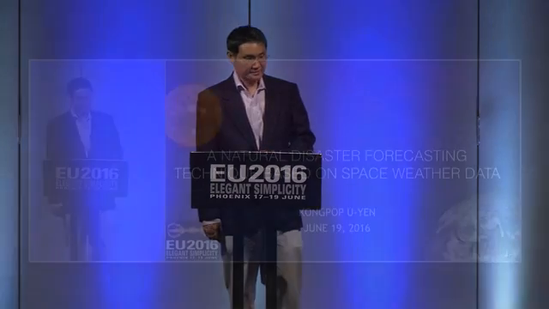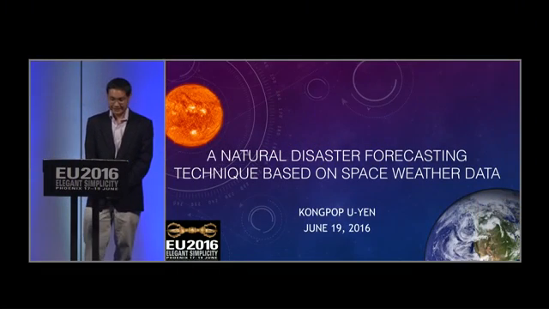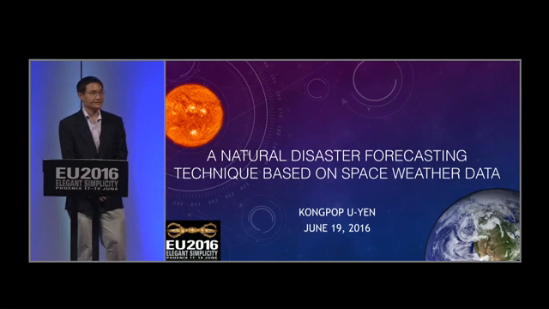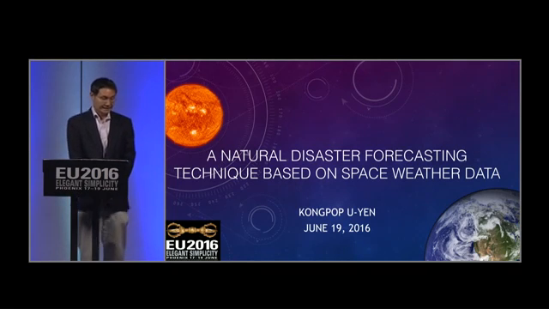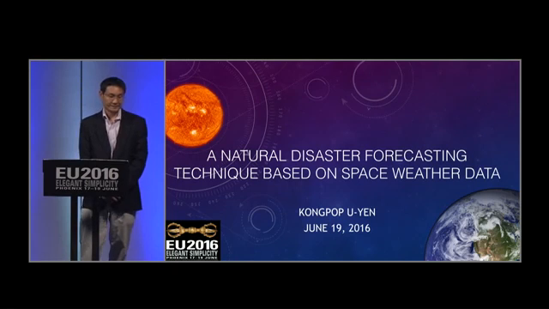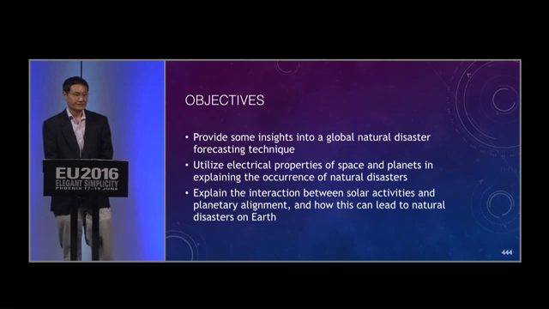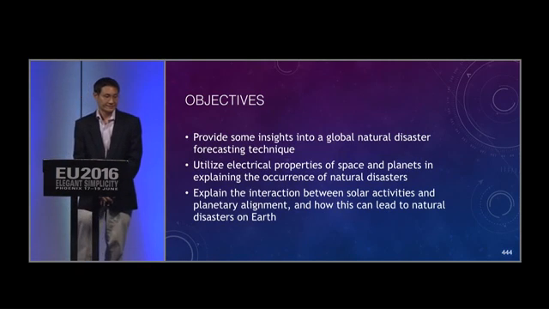So first thing first, the objective of this talk is going to be providing some insight into global natural disaster forecasting technique. Second is to utilize properties of space and planets in explaining the current natural disasters. And third is to explain the interaction between solar activities, planetary alignment, and how this can lead to natural disaster on Earth.